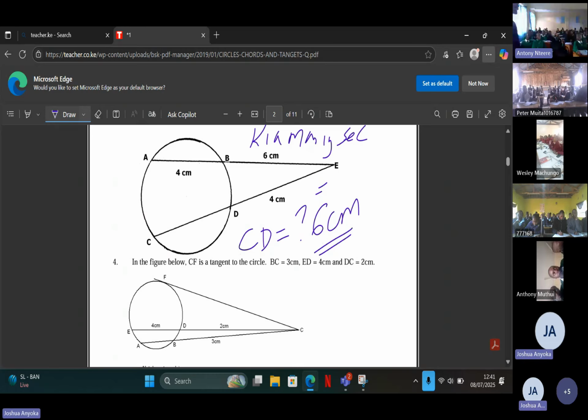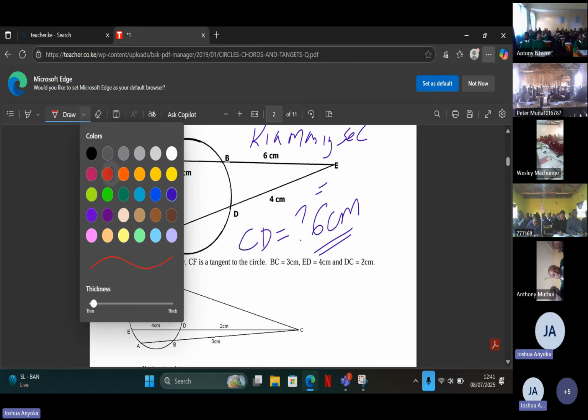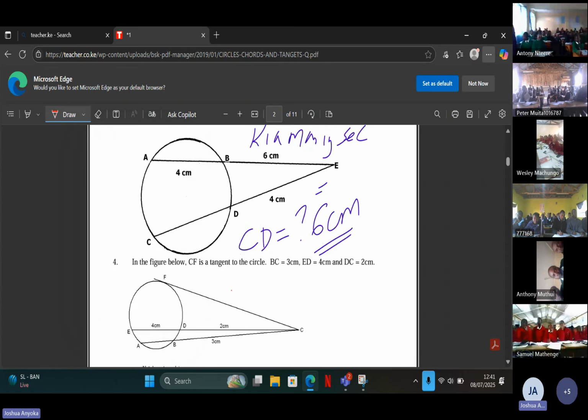Let's address the question together, because of time, to see whether the student got it correctly. This is the intersection of two chords. So AE times EB equals CE times ED.